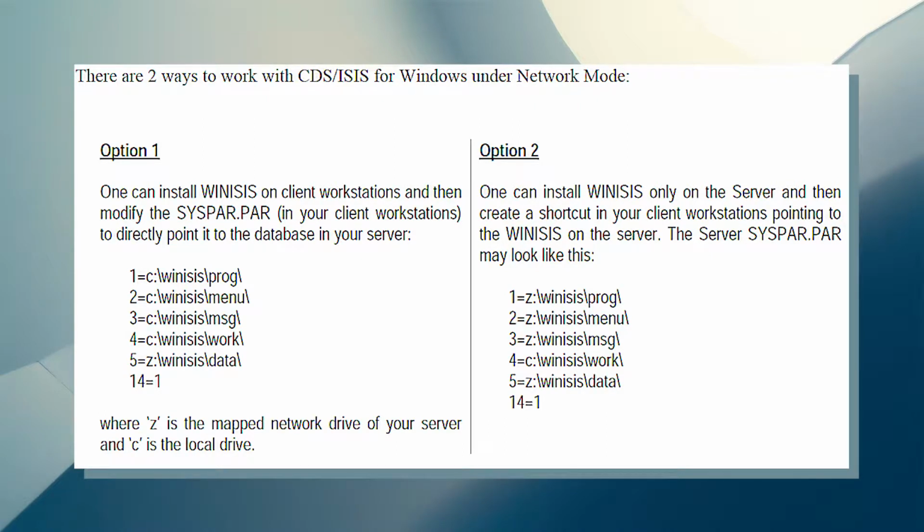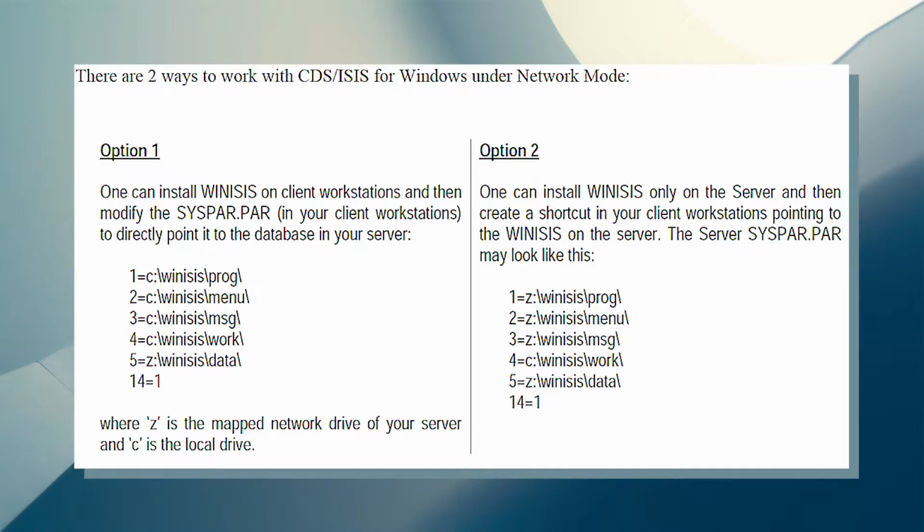Say, for example, your server has WinISIS installed, and all of your clients have also got WinISIS installed. So, that is one scenario. Another scenario is that you install CDS/ISIS for Windows only on the server, and on all local machines there is no WinISIS software available. You just want to create a link to connect to the server.